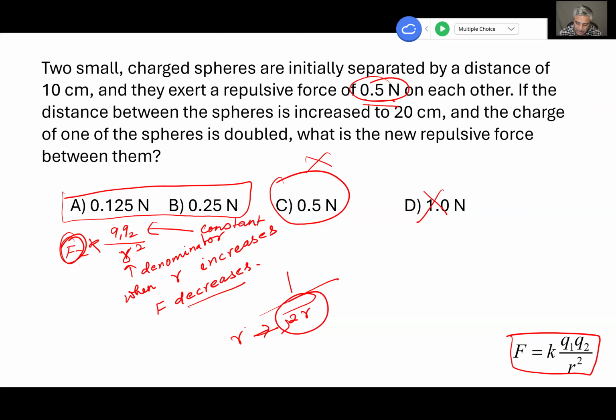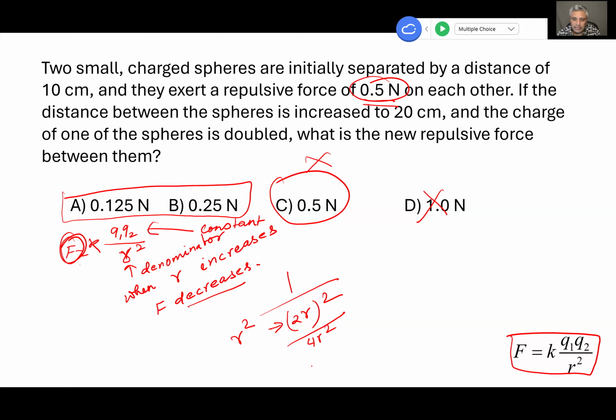So that means when R doubles, it has to be squared. When we square the double, what happens? This becomes 4R squared. So this 4 is in the denominator. That means force is now 1/4 of whatever it was before.